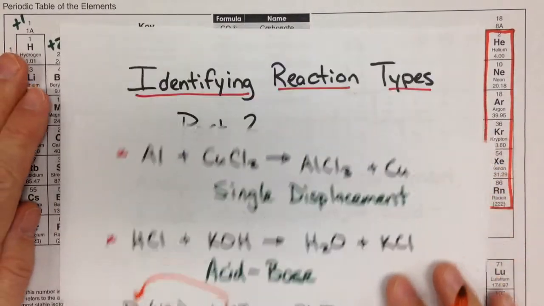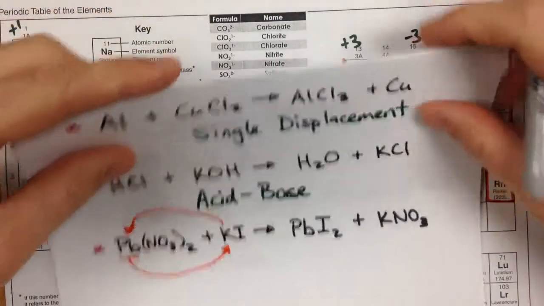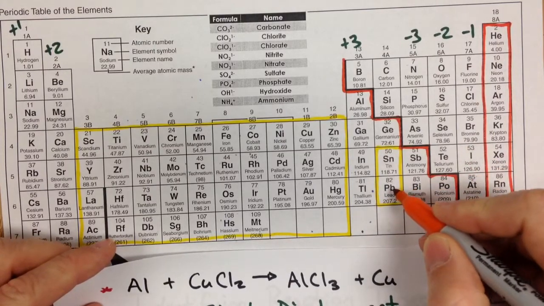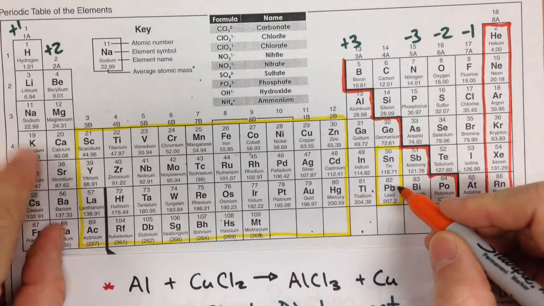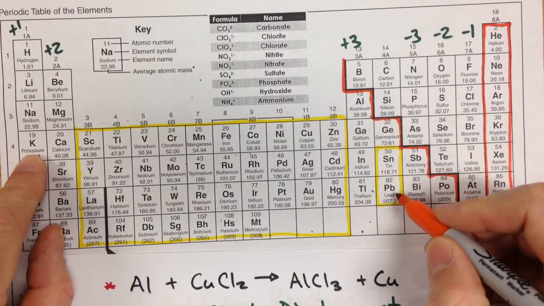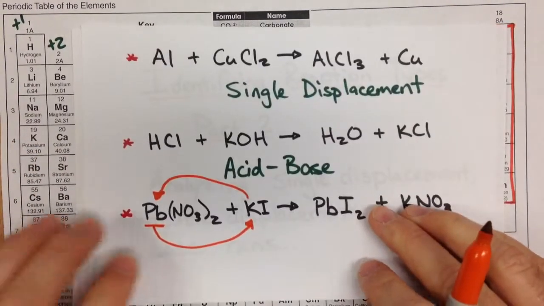The last thing that we'll do real quick is make sure that Pb and K are quote-unquote similar elements. Well, lead is located right here to the left of the stair step, so it's classified as a metal, and potassium's way over here. Lead and potassium are both metals, so those are the displacements that happen.